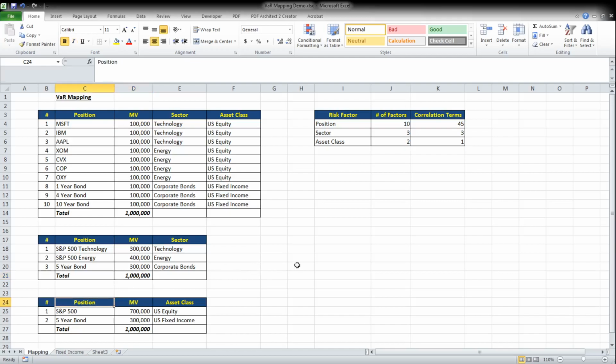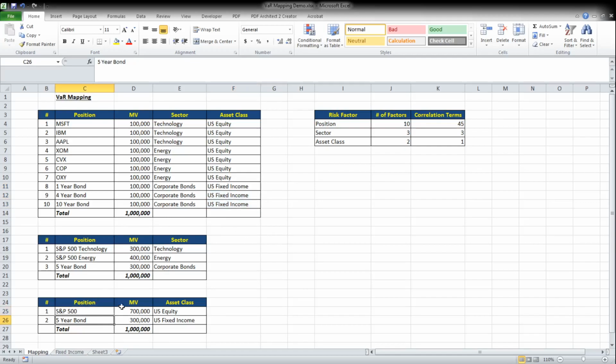So this other example is if you just map each position to the asset class without regard to what sector they belong in. If you just map all of your stocks in your portfolio to the equity asset class represented by the S&P 500, and all of your bonds in the portfolio you will map to a U.S. fixed income asset class, and you will pick the bond with the average maturity of all of your bonds.